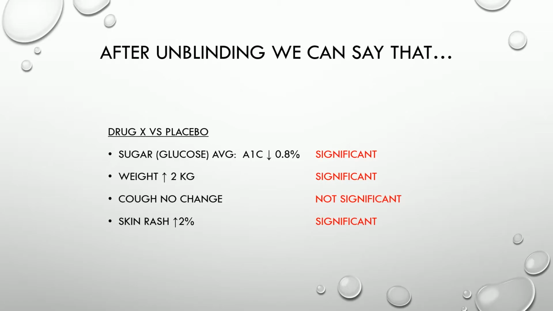So we can say that drug X significantly lowers A1C levels, but it does have the side effects of increasing weight gain by approximately 2 kilograms, and there's about a 2% risk of developing a skin rash. However, for the side effect of cough, there was no statistically significant difference between the groups taking drug X versus placebo. So we would say that cough is not a likely side effect of drug X.